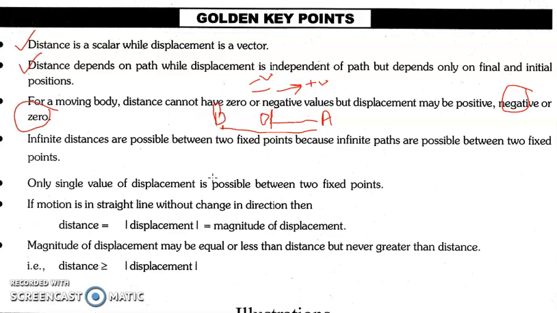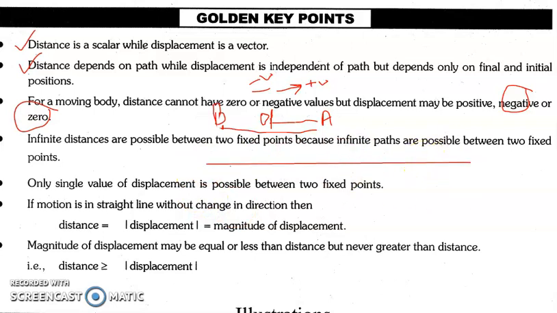If motion is in a straight line without any change in direction, then distance is equal to the magnitude of displacement. It means we are moving in only one direction, we are not changing direction, so that is why it will be motion in a straight line. We will be moving along a single straight line, starting from a point and ending at a point.